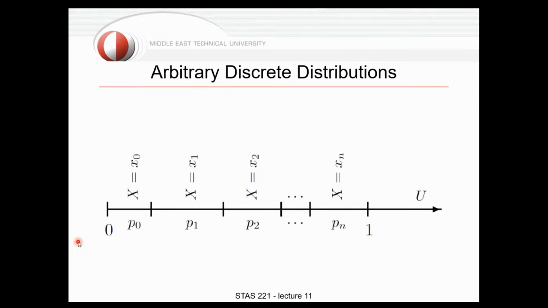In case of discrete distributions, or even for continuous distributions that we want to transform into discrete ones, let's see how we can deal with that. If we have a uniform distribution from 0 to 1, we can partition it into fragments like this. For example, if your random number happens to be in this interval, you can represent it by x1. Again, if it happens to be here, then again you represent it by x1.